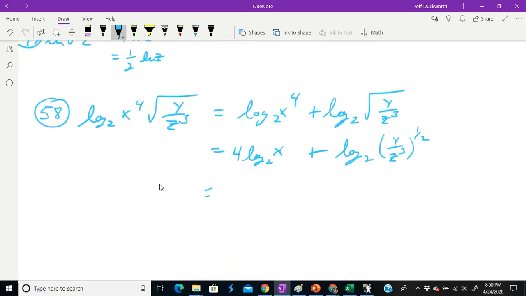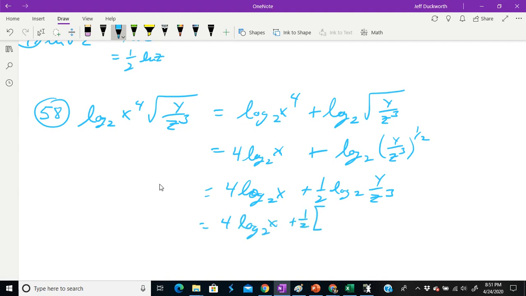So this one's coming along for the ride: log base 2 of x plus 1/2 log base 2 of y over z cubed. And now I can break that one up using the difference. But I've got to remember this 1/2. So it's 1/2 times everything in here, because I'm multiplying the 1/2 by this.